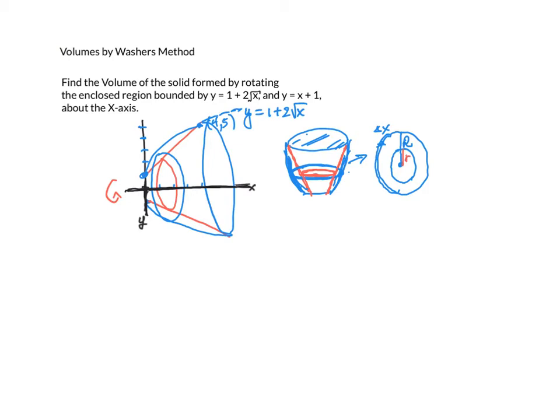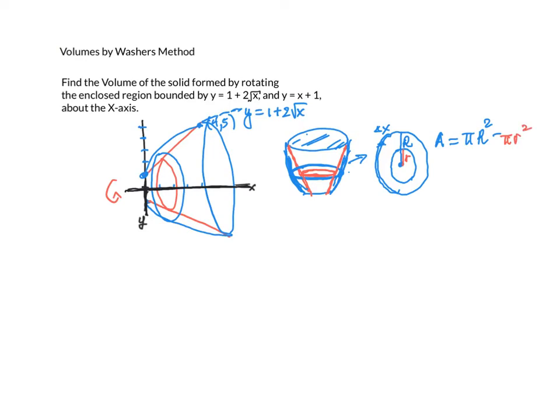So let's find the area of this washer or this donut. We can say the area is going to be the area of the big circle, so the area of the big circle is pi big R squared, minus the area of the smaller circle, so we're going to say pi little r squared.